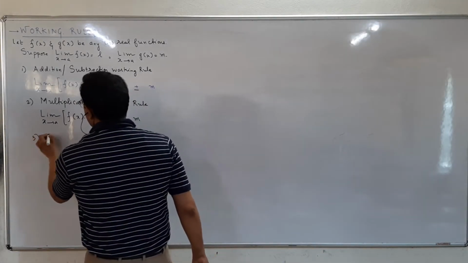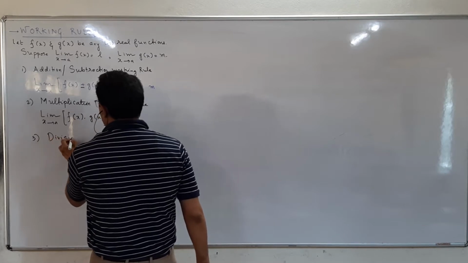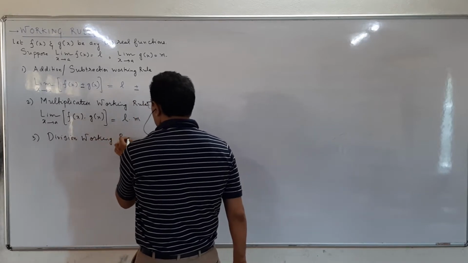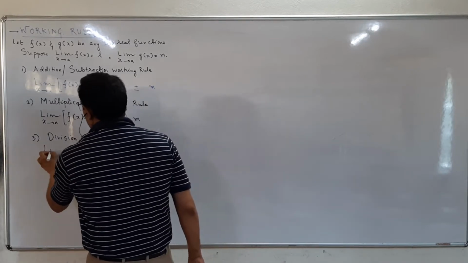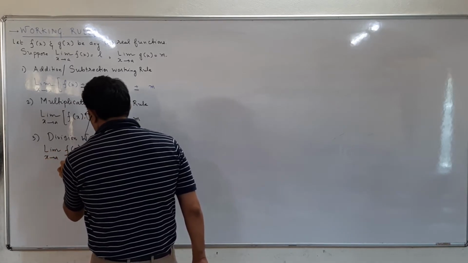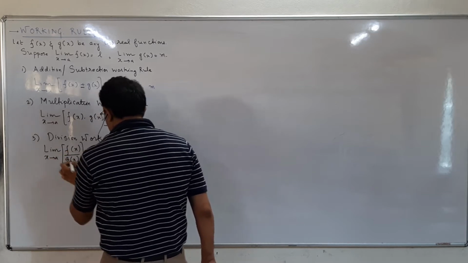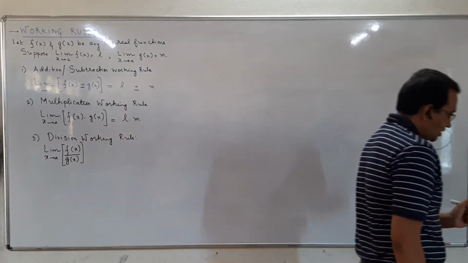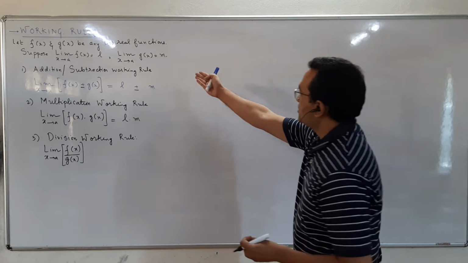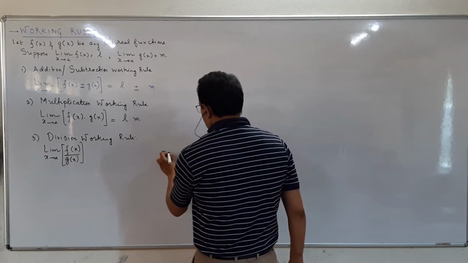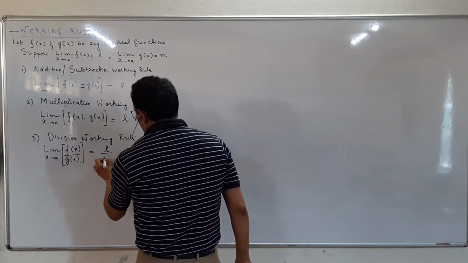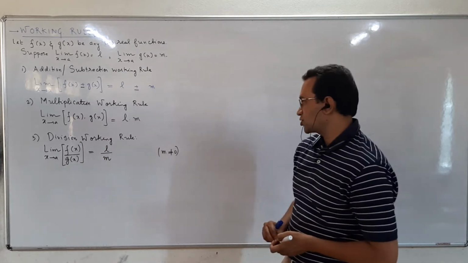Third is the division working rule. Limit of a rational function, or limit of f(x) upon g(x), specifically g(x) not equal to 0, on the condition that M not equal to 0, is equal to the division of limits of individual functions.